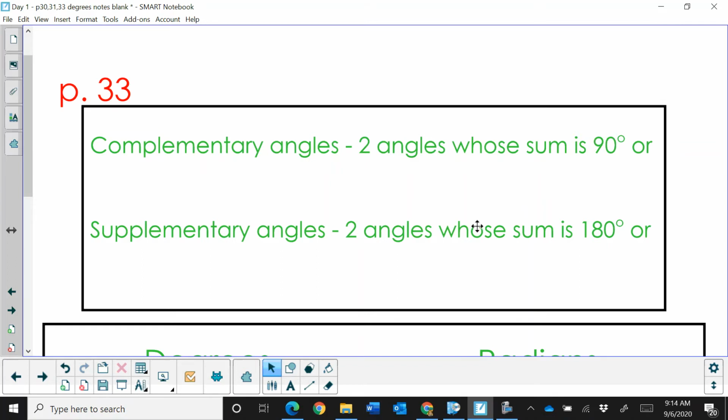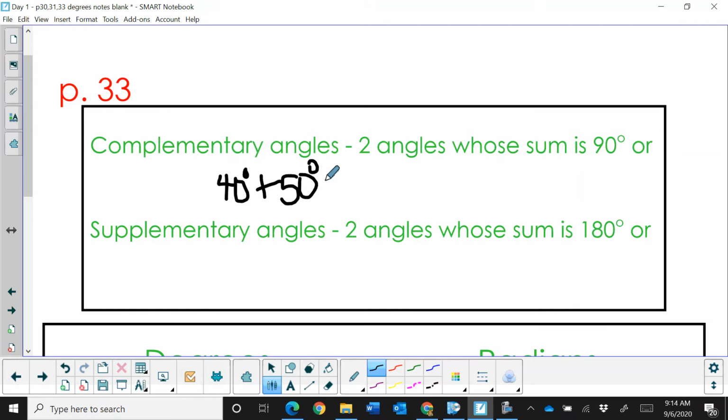So in degree measure, 2 angles that add to 90. So some examples would be 40 and 50. Those 2 angles create a right angle of 90 degrees. Another one would be 20 and 70, or maybe 10 and 80.